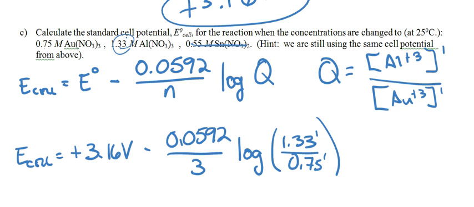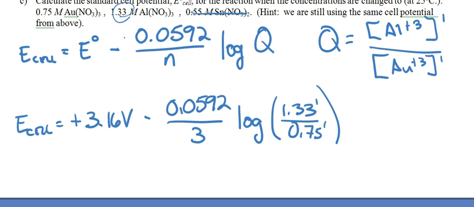Probably one of the easiest ways to remember, if you have a value of log that is greater than 1, like in this case here, 1.33 divided by 0.75, I guarantee you that's greater than 1. If I take the log of this value right here, it's going to give me a positive value. Since I have a positive value for this part of the equation, then that means my voltage will decrease.